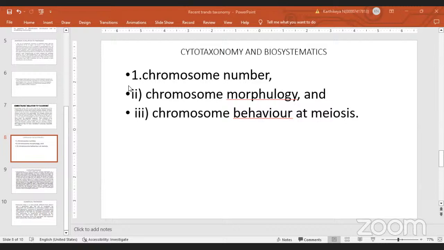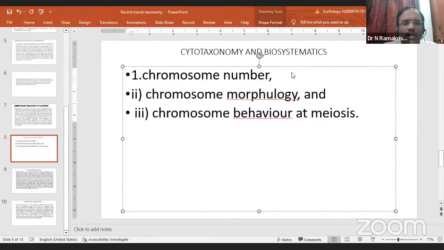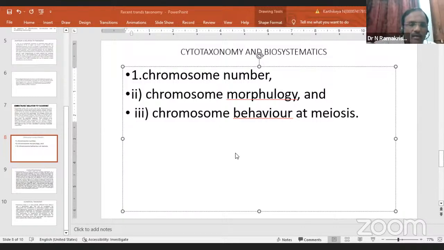How should I do it, sir? Just write what the cambium activity is, based on the cambium activity. So, going to the abnormal development.